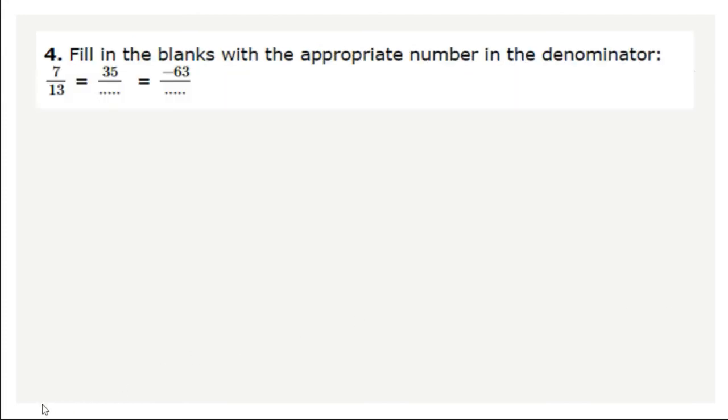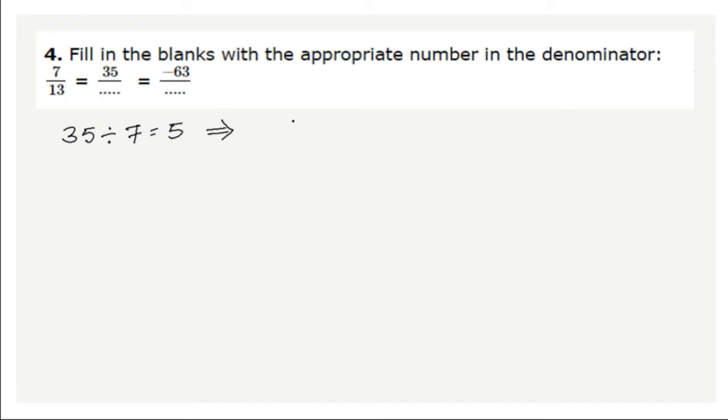Question 4. Fill in the blank with the appropriate number in the denominator. We had solved a question where the numerators were the blanks. Now the denominators are the blanks. We need to find which number. When 35 is divided by 7, we get 5.